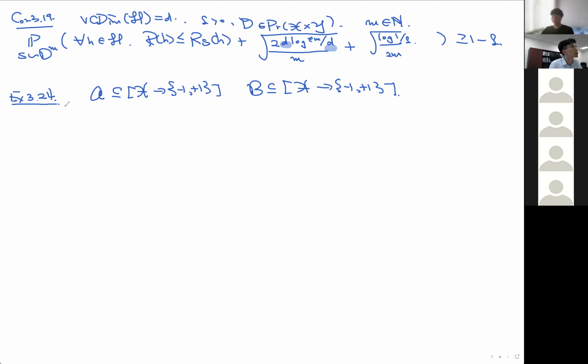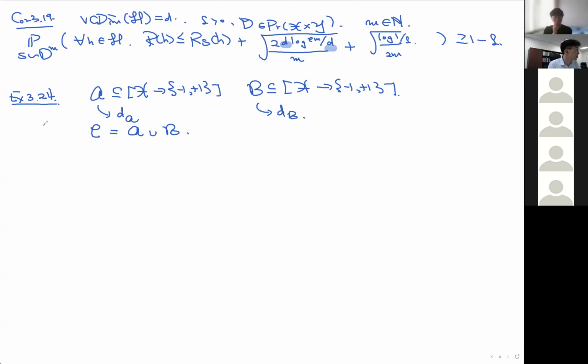The VC dimension of A is d_A, and the VC dimension of B is d_B. Now we will form a new hypothesis set C by taking the union.